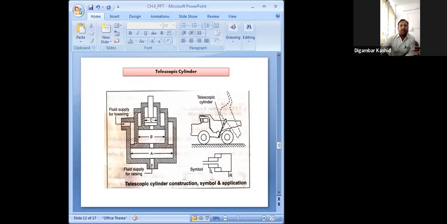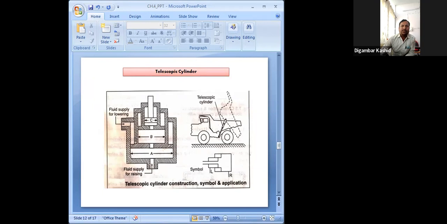And due to that, the ram or the rod of this cylinder will extend in the upward direction, okay. So you can see here, it's a standard symbol. For upward movement or lifting, fluid will come from this port, and for exit, this port.